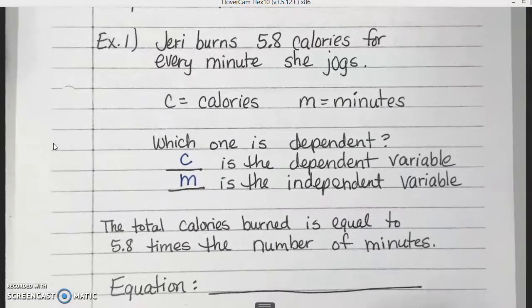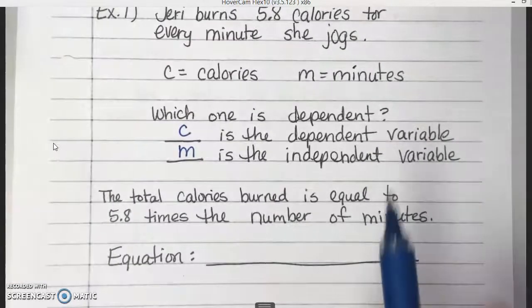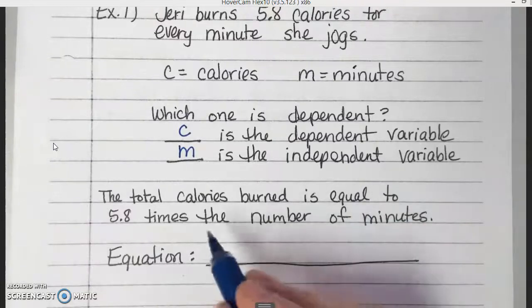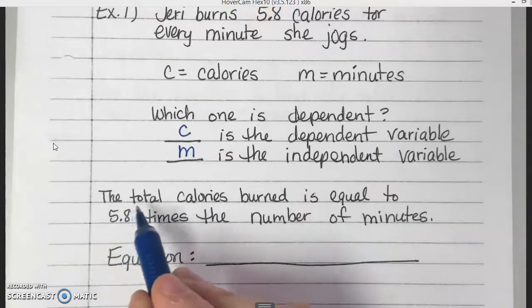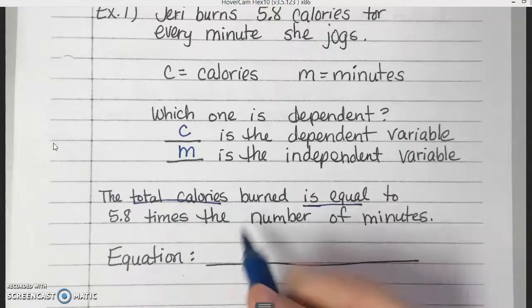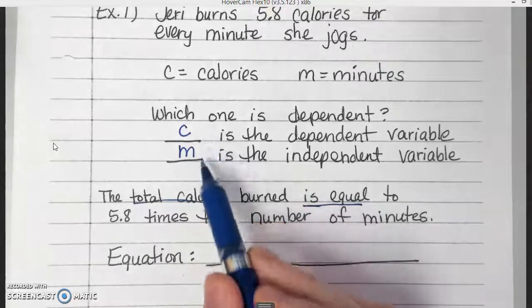Alright, so the total calories burned is equal to 5.8 times the number of minutes. So how would I write that as an equation? Well, look right here. The total calories is equal. So what would I use for my total calories? Which one of these would I use for calories?